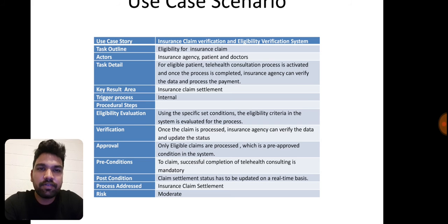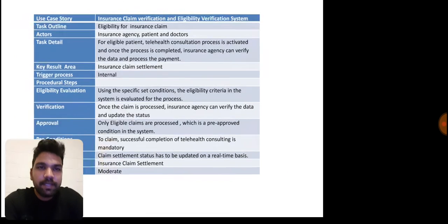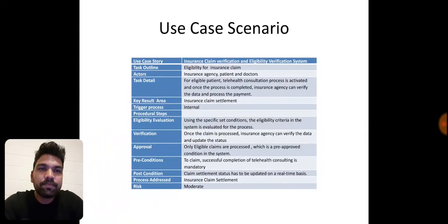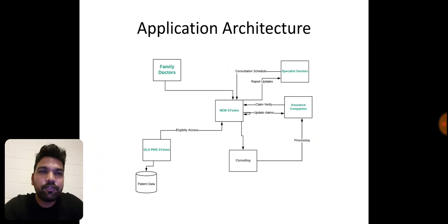For example, we can take the task detail. For an eligible patient, the telehealth consultation process is activated, and once the process is completed, the insurance agency can verify the data and process the payment. So we can go to the next slide.